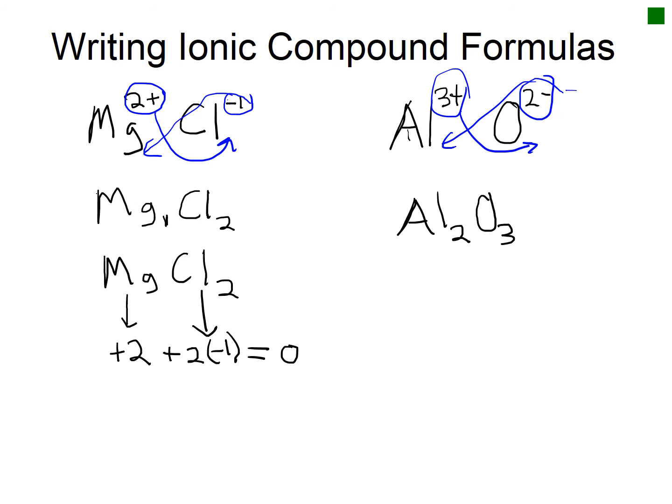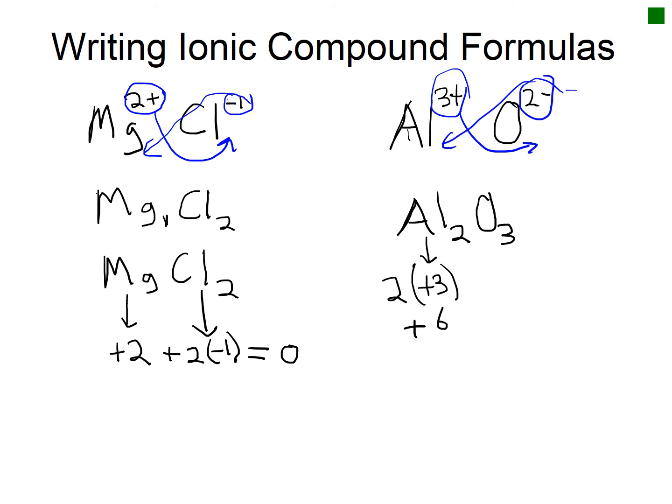If you think about it, each one of these aluminums is a +3, so you have 2 aluminums that are each +3, and 2 times +3 is a +6.